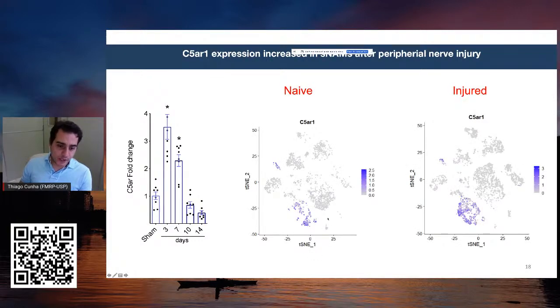We were able to show, again, that C5a receptor, even in naive condition, is mainly expressed in a macrophage subpopulation, and there is an increase in the expression, especially on macrophages in the DRG.